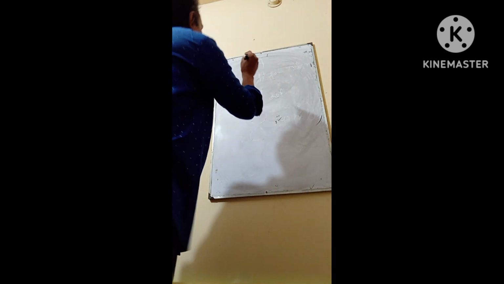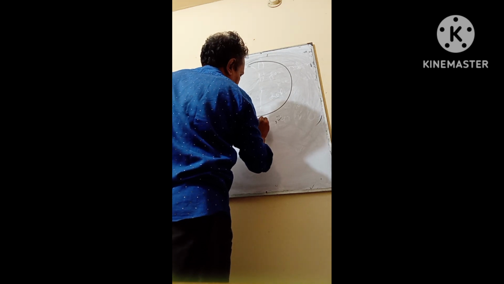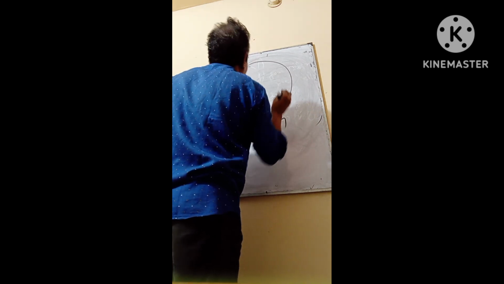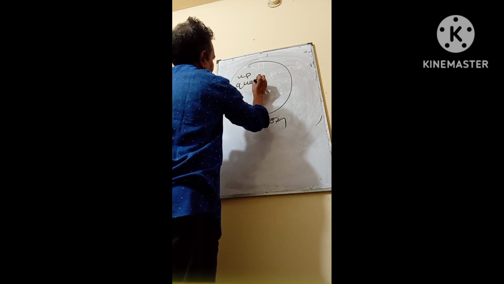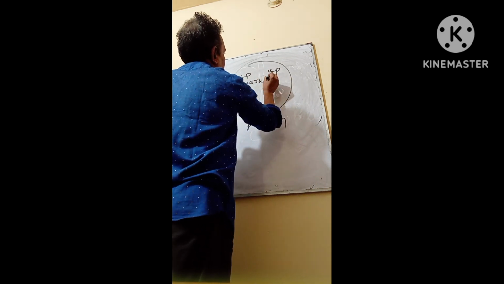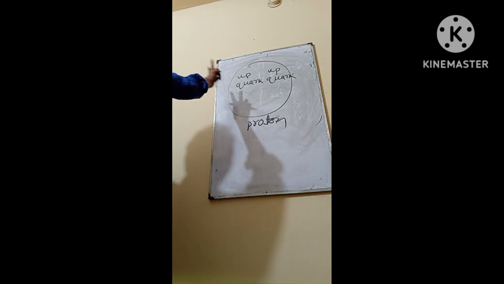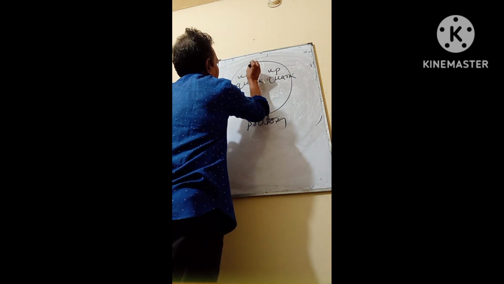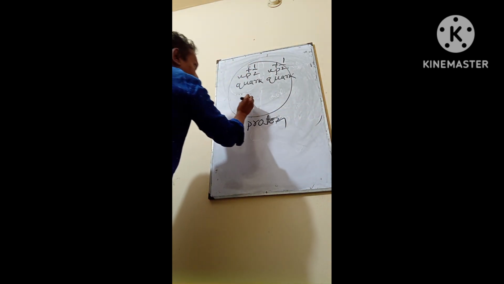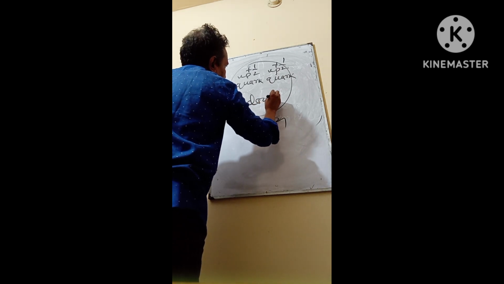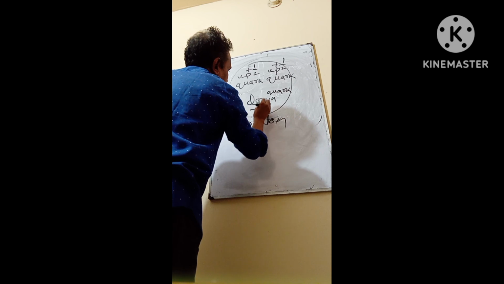A proton has two upward quarks, spin plus half, and one downward, minus half.